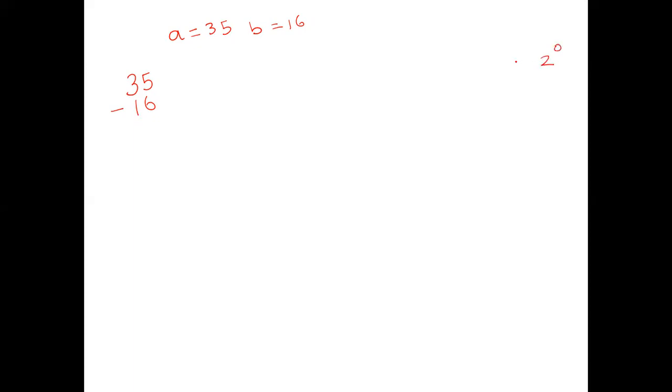So 2 power 0, 2 power 1, 2 power 2, 2 power 3, 2 power 4: 1, 2, 4, 8, 16. 16 plus 8 is 24, plus 4 is 28, 30, 31. But I need 35, so I will go for 2 power 5, which gives 32. So 35 is 32 plus 2 plus 1.